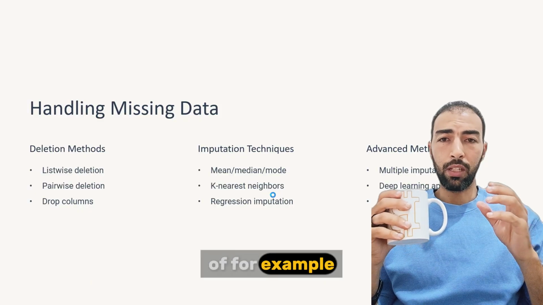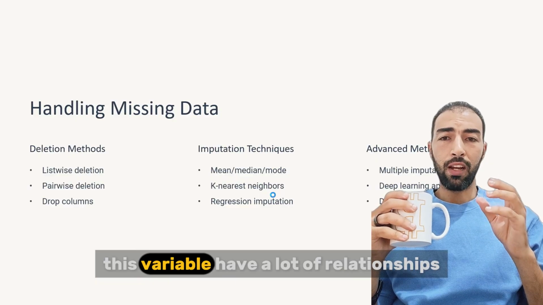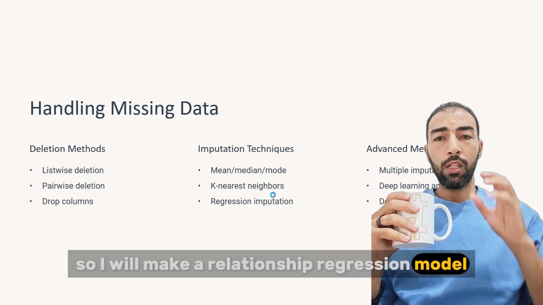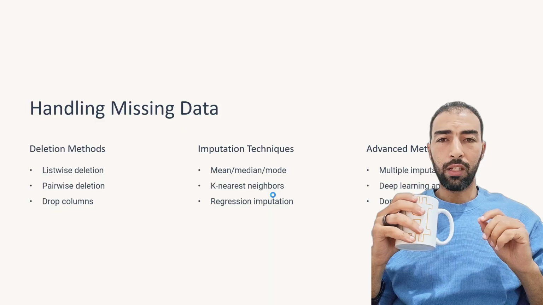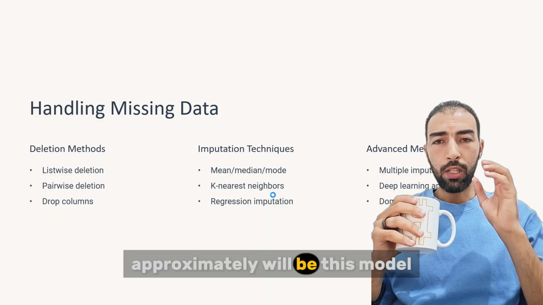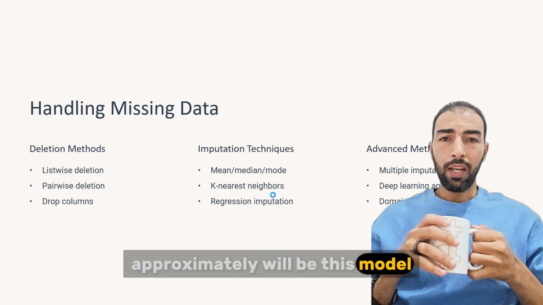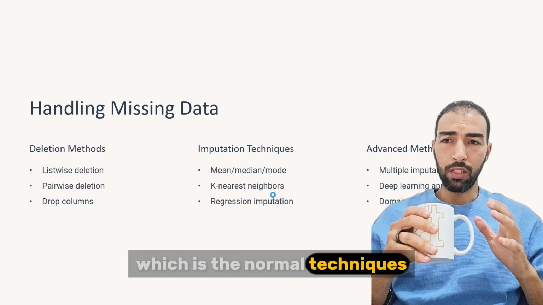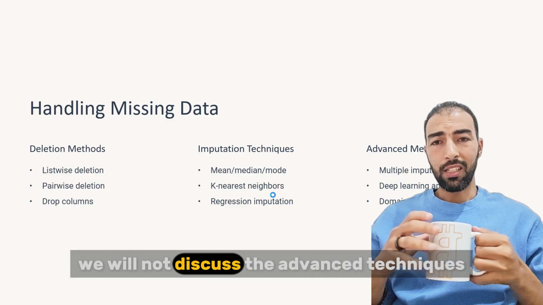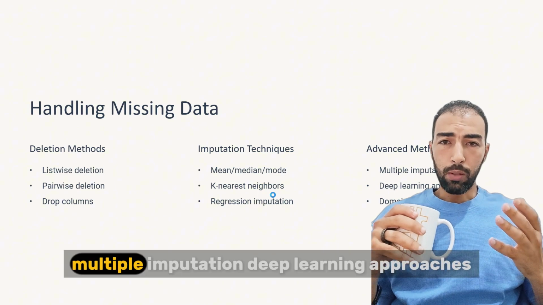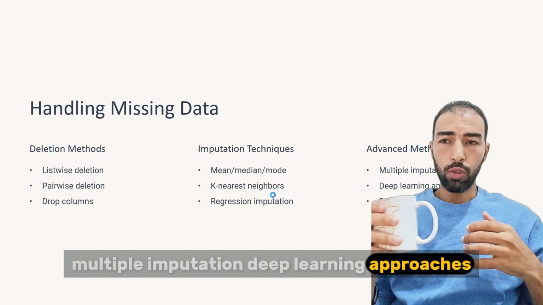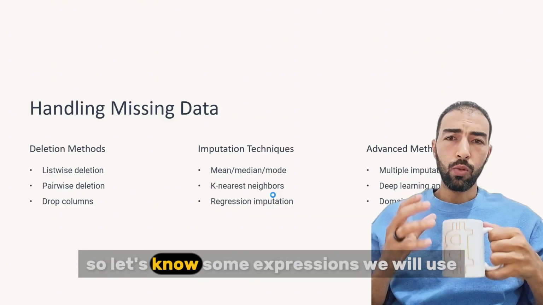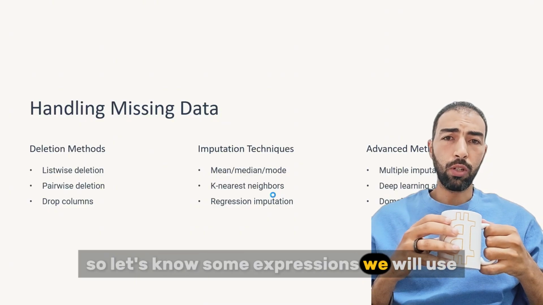For example, if this variable has a lot of relationships, I will make a regression model to find approximately what this value will be. We will discuss in our course these normal techniques. We will not discuss the advanced techniques: multiple imputation, deep learning approaches, domain-specific algorithms. We will not go through them. So let's learn some expressions we will use.